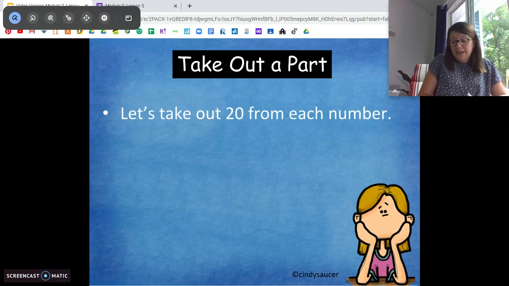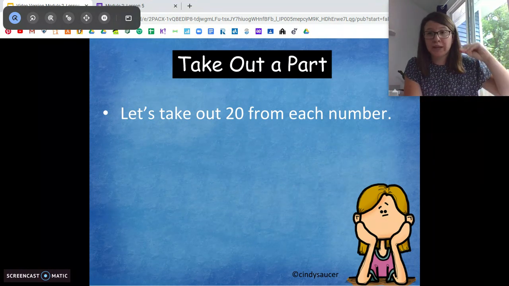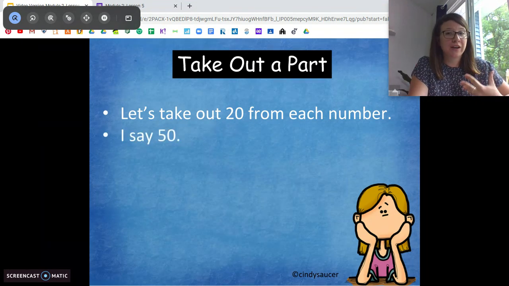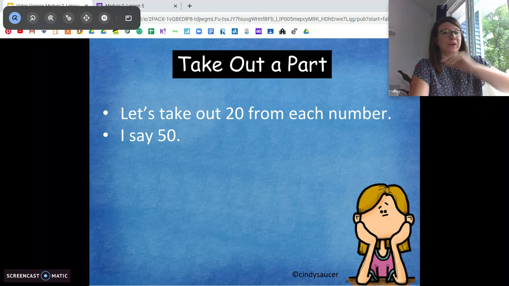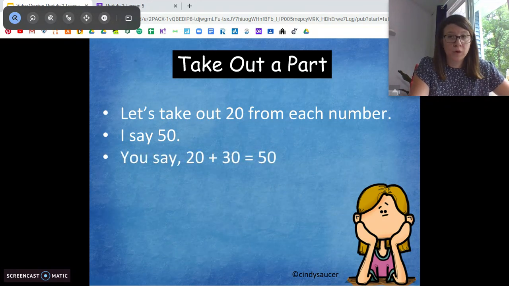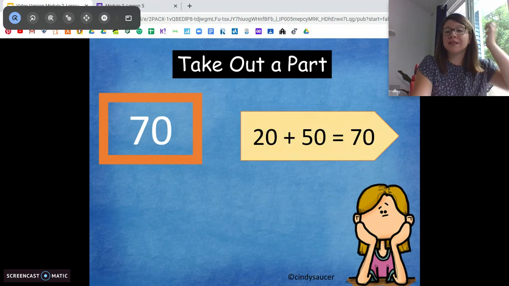All right, here we go. Now, same idea. If I say an addition problem, I want you to take 20 out. So you're still taking 2 tens out, but it's not going to be written the same way. We're just going to take 20 out. So if I say 50, you say 20 plus 30 equals 50. All right, let's try it. 70.